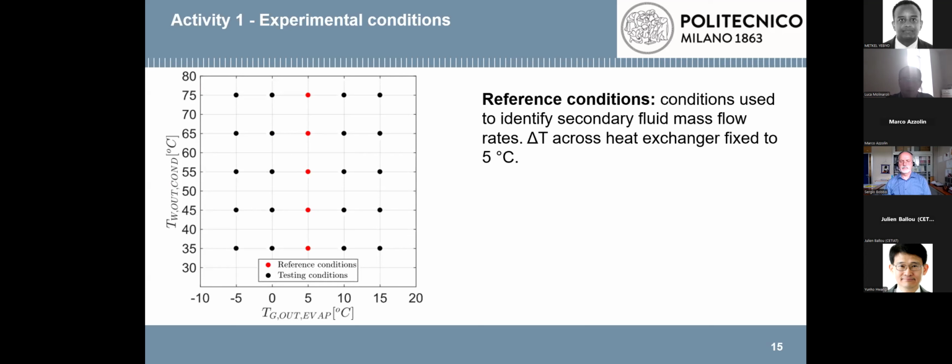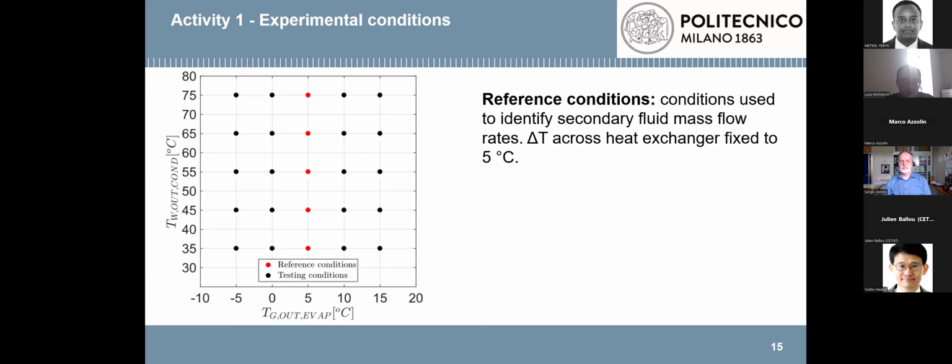All tests are carried out setting the superheating to a constant value, which is 5 Celsius degrees, whereas the subcooling is free to vary.